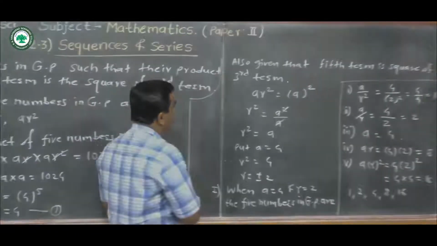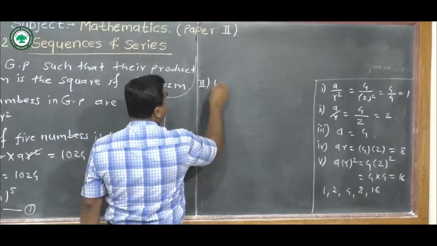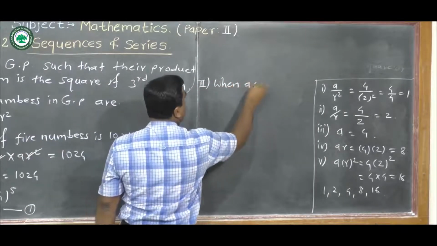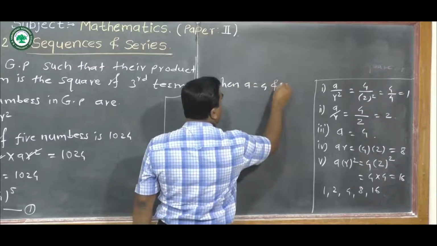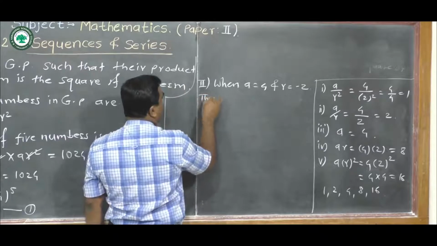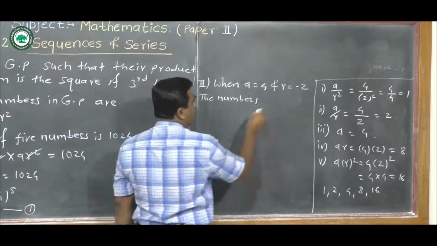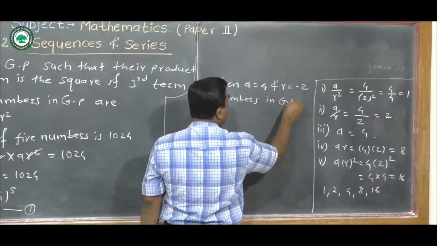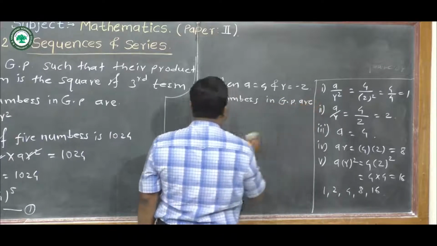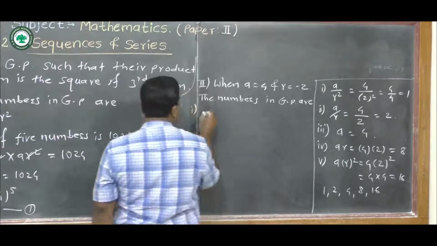The second case, when a is equal to 4 and r is equal to minus 2, the 5 numbers in GP are, first number here, a upon r square.